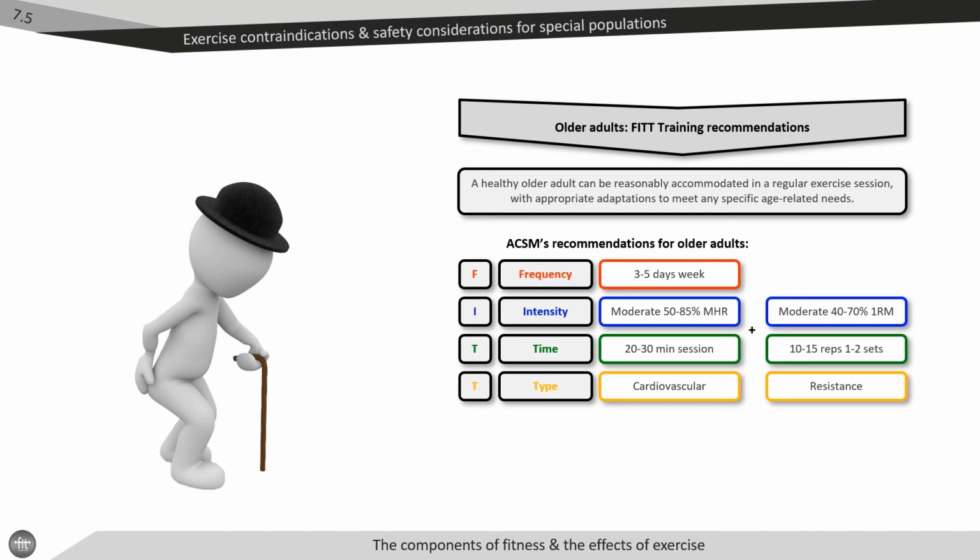This should be balanced across the major muscle groups between 2 and 3 times a week. It is also recommended that older adults develop their flexibility with 30 to 60 second holds of stretches on 2 to 3 days a week for all of the major muscle groups.